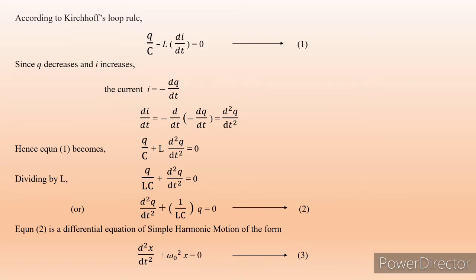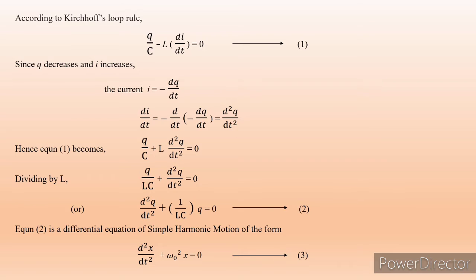This is equation 1. Since Q decreases and I increases, the current I is equal to minus of dq by dt, and hence di by dt is equal to minus of d by dt into minus of dq by dt.